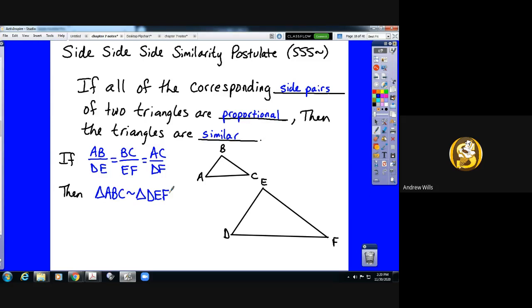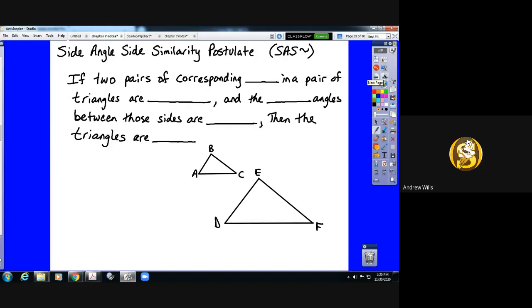All right, so we got one rule to go, and this is probably the most complicated to word, and that is the side-angle-side similarity postulate, which says if we have two pairs of corresponding sides in a pair of triangles being proportional, as well as the included angles being congruent, that is enough to state that the triangles are similar.